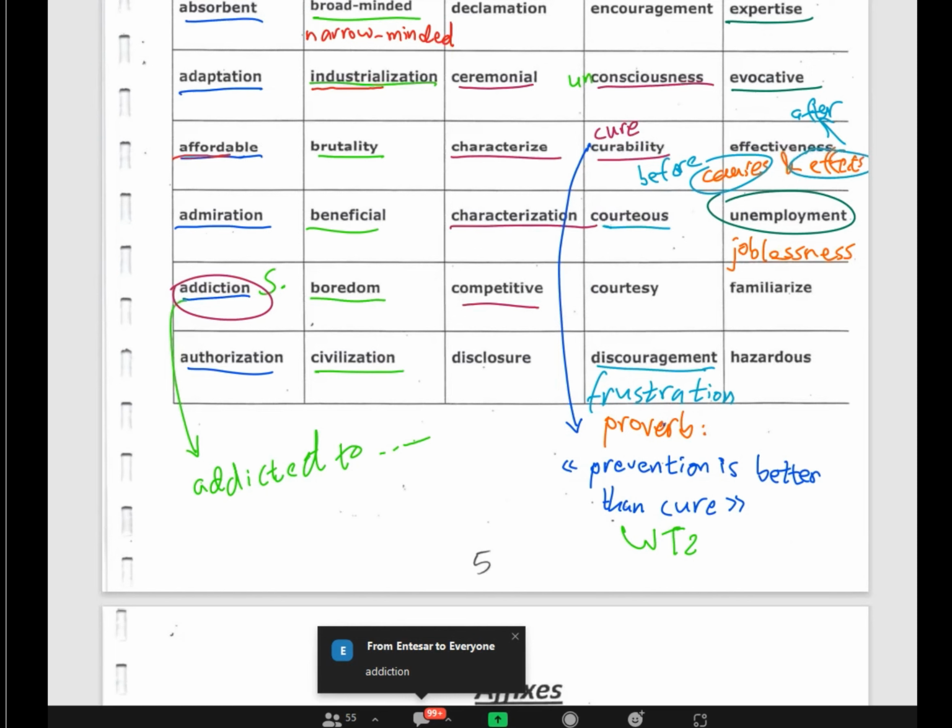It will help you to organize your main ideas in your writing. Now, if somebody says poverty or being poor is a cause of unemployment, think about it.